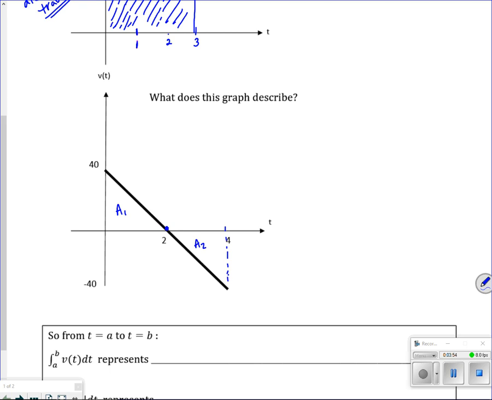Let's see how far he traveled in the first 2 hours, in other words the area of A1. The area of a triangle is 1/2, base is 2, height is 40. So he would travel 40 miles.